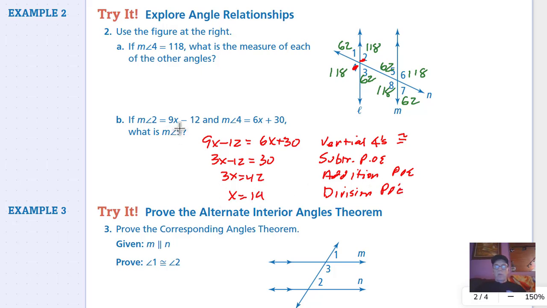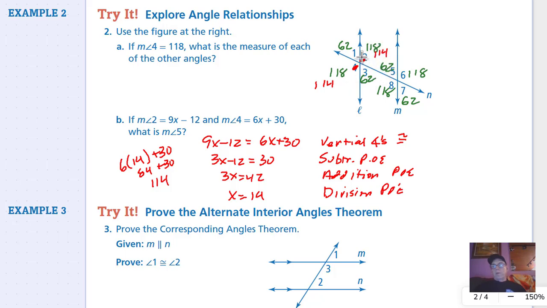Now that x is 14, we can find out what each one of these angles is. Let's do 6 times 14 plus 30. I'm going to use the algebra that goes with angle 4 because the number's a little bit smaller. 60 and 24 is 84. 84 and 30 makes 114. So for part B, these angles measure 114.